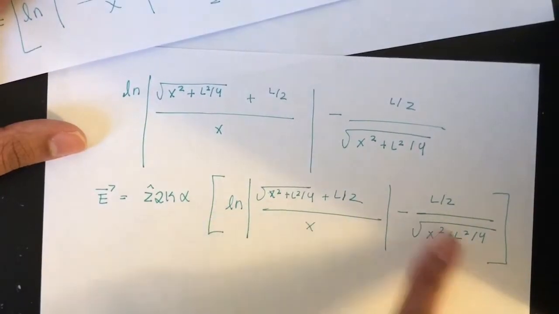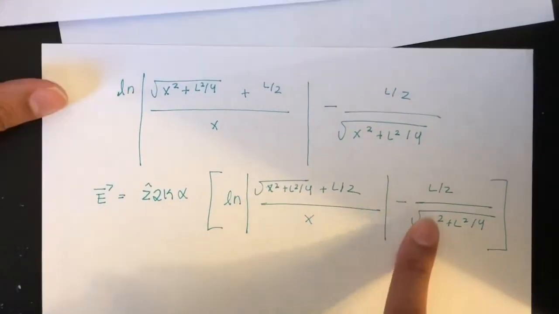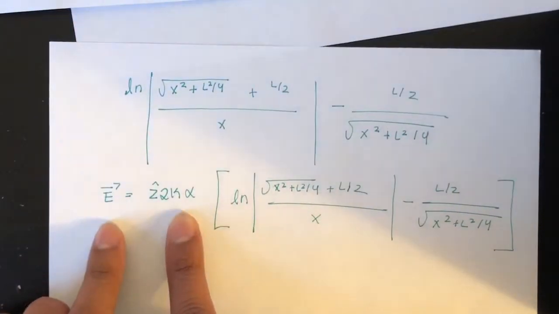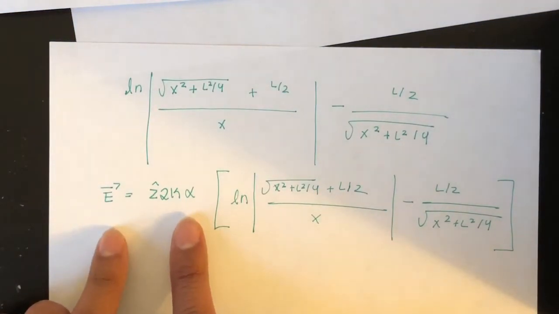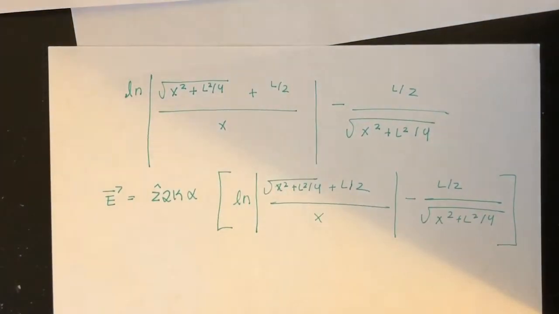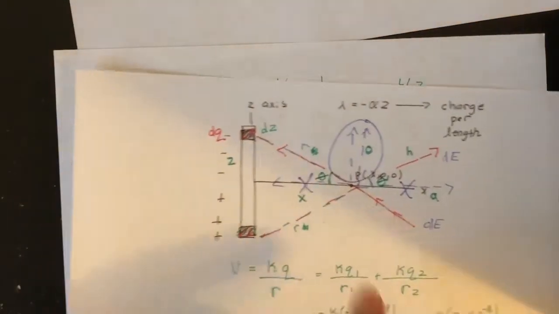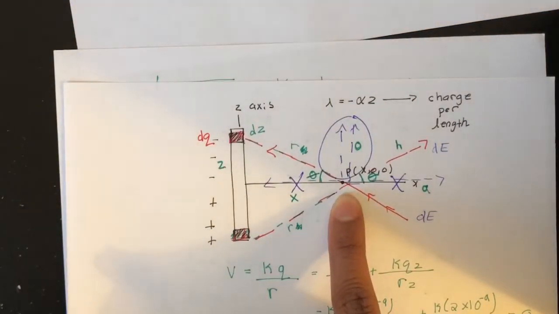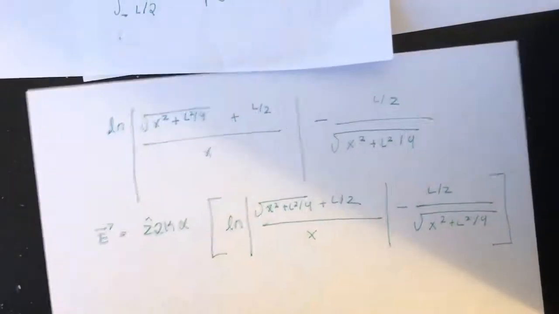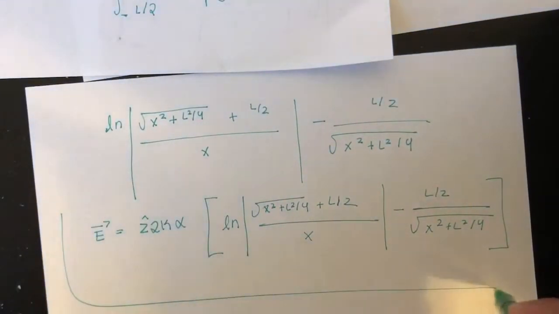This would be adding to this, so it would just be 2 of this, so it's going to just be the total electric field of the line charge. The total electric field of the line charge at this point of interest is equal to this.